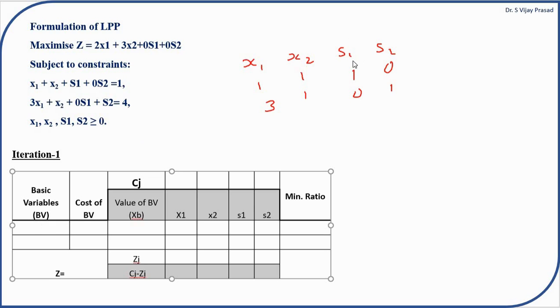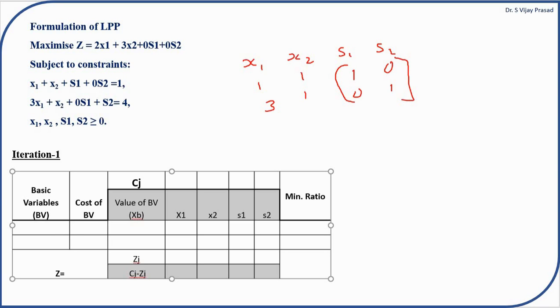That is the reason we added the slack variables, so that the slack variable matrix forms an identity matrix. If you are given two equations, you have to get a 2 by 2 identity matrix. Here I got the 2 by 2 identity matrix with the slack variables. For this reason I am going to take the slack variables in the basis.